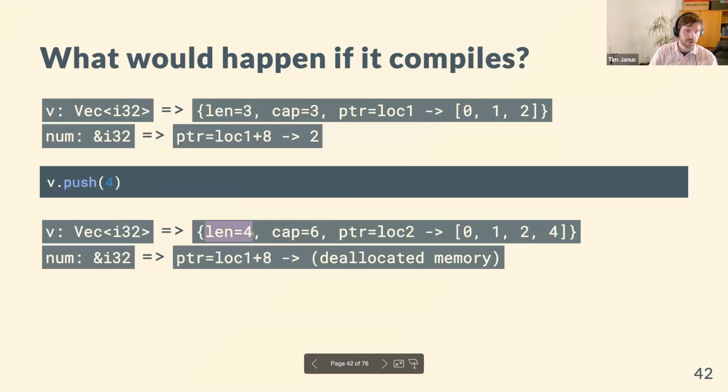So the length changes to 4. The capacity, I think the standard heuristic is to double the capacity if you run out of size. And then you get a new location in memory. And the old one is either deallocated, or not accessible anymore, or could be used for something else. And in other programming languages, these could be dangling around for a long time, and be used in undefined ways. And in Rust, that cannot happen.